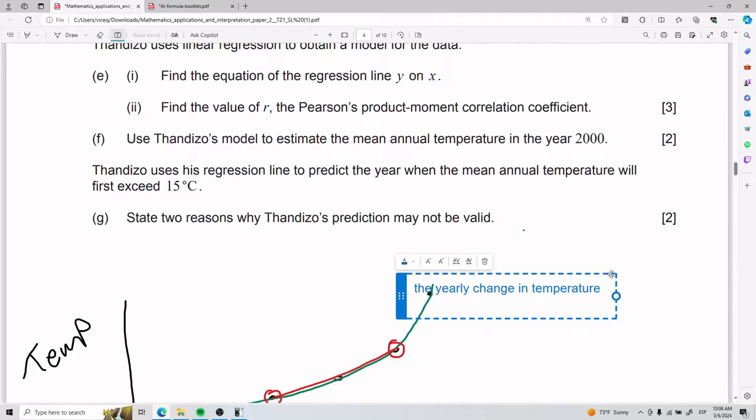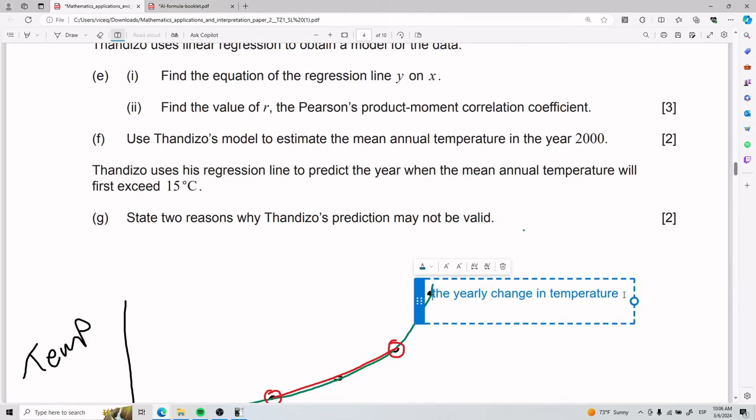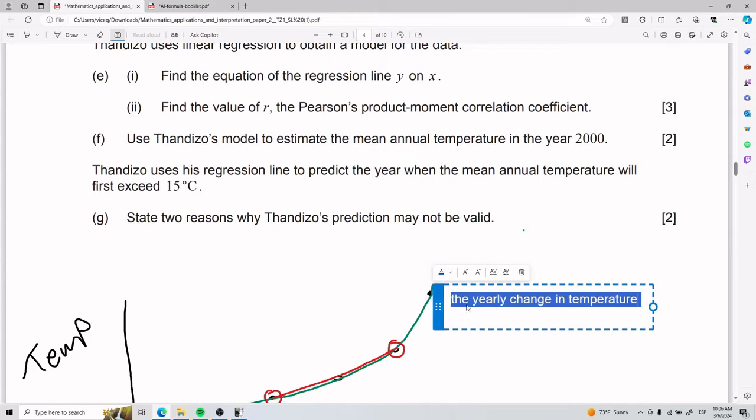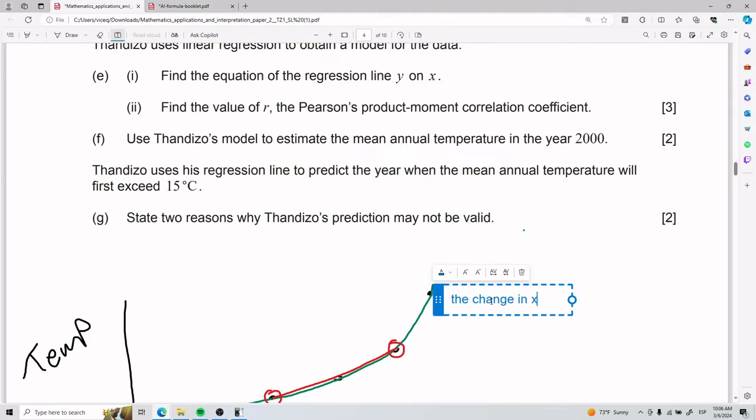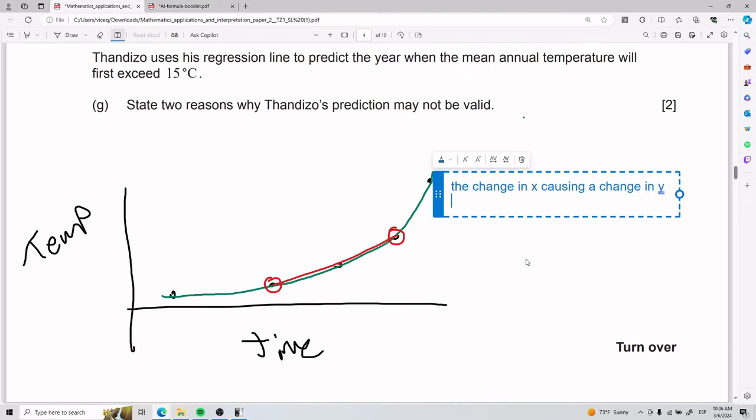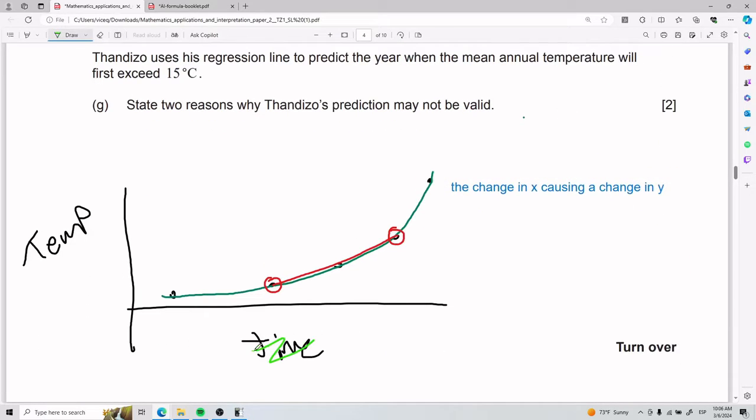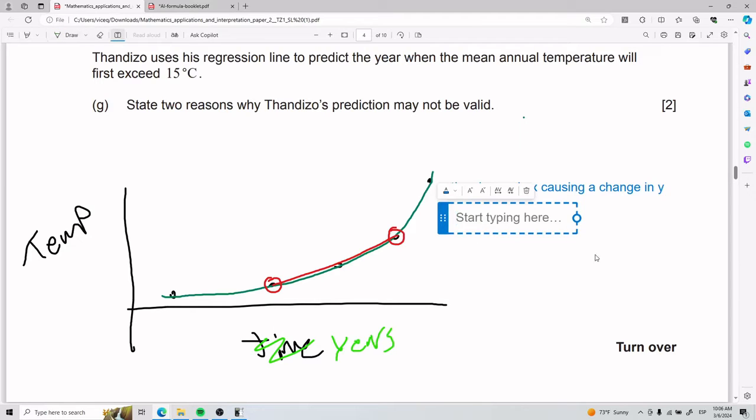The original definition is the change in x causing a change in y. And so what is x in this context? It is time, it is years. And so the change in x causing a change in y, the change in years causing a change in temperature.